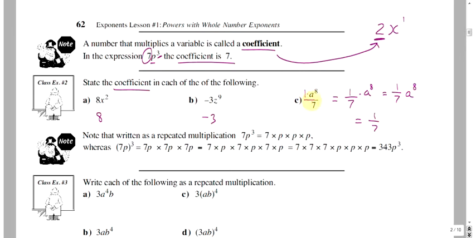A8 is the same as A8 over 7. Okay? That's the same thing. Again, can I put a 1 under that if I want to? Sure. How do you multiply fractions? Multiply straight across. 1 times A8 is A8. 7 times 1 is 7. That's the same as this.